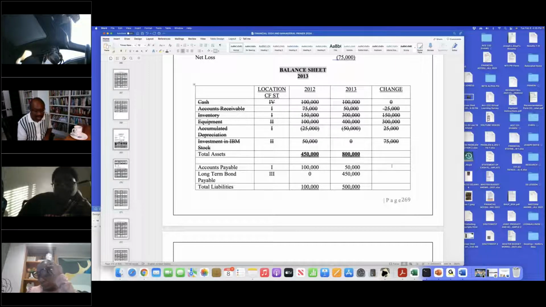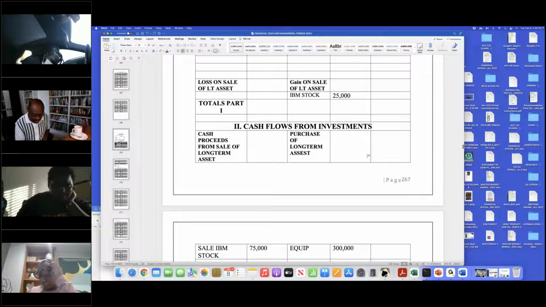So what happened to your cash when you pay on your student loan? Probably gonna go down. It's gonna be a use. So we're gonna take that 50,000 and go to part one because that's a current liability, and that's gonna be a use of 50,000.